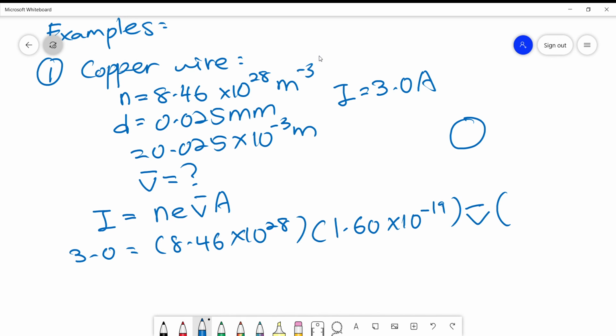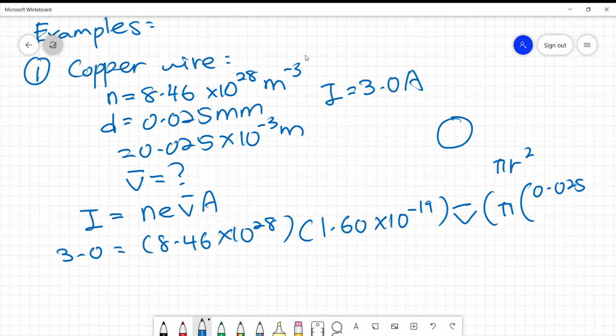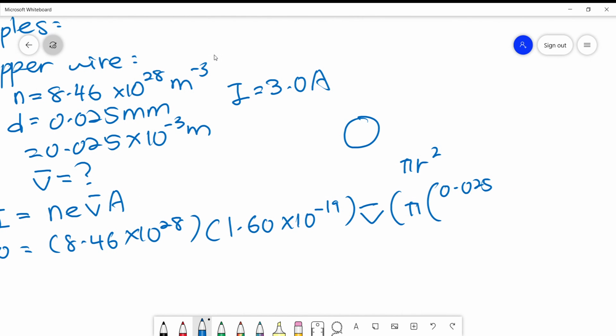So the area for the circle is pi r squared, where r is half of the diameter, so 0.025 times 10 to the power negative 3 divided by 2.